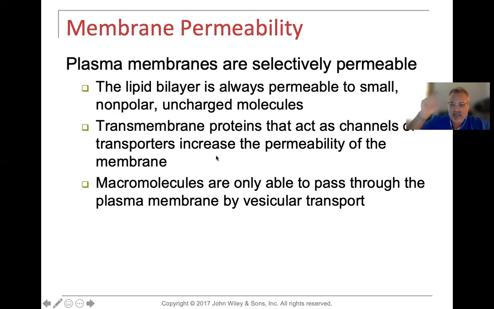Those transmembrane or integral proteins can act as channels to transport things in and out of the cell. And then macromolecules are only able to pass through the plasma membrane by vesicular transport, meaning a protein can be packaged in a vesicle.